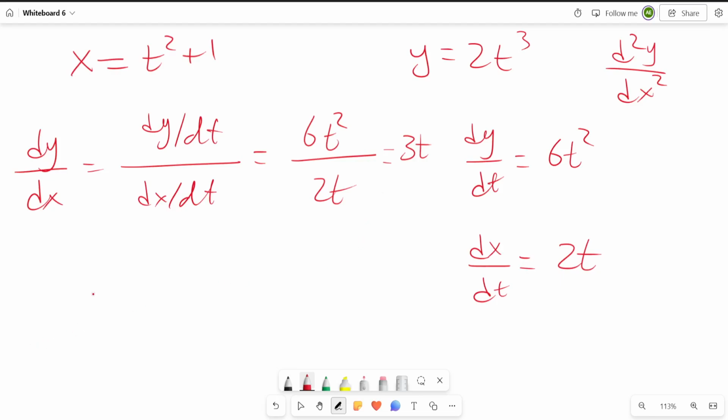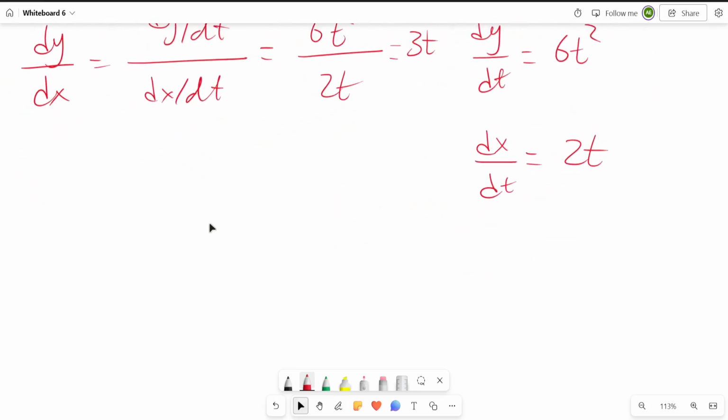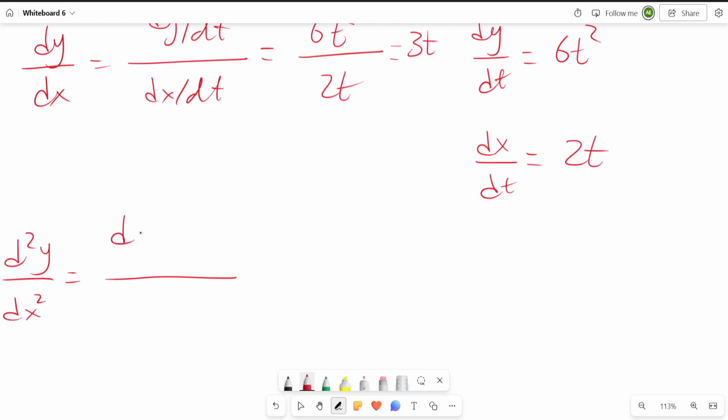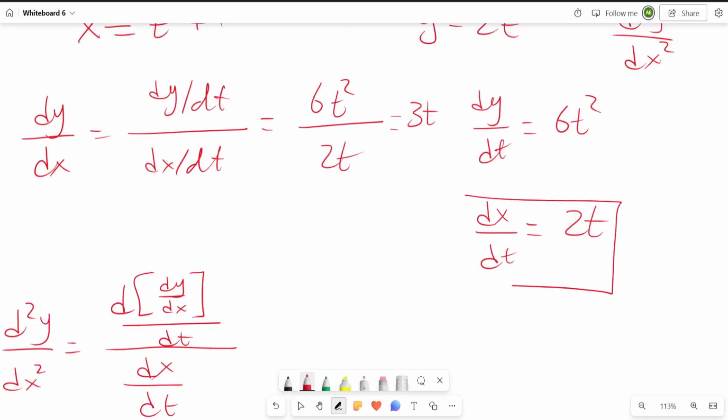To find d squared y by dx squared, we said it's going to be differentiation of the first derivative expression by dt over dx by dt. So dx by dt, I already have it. It's over here, it's equal to 2t.